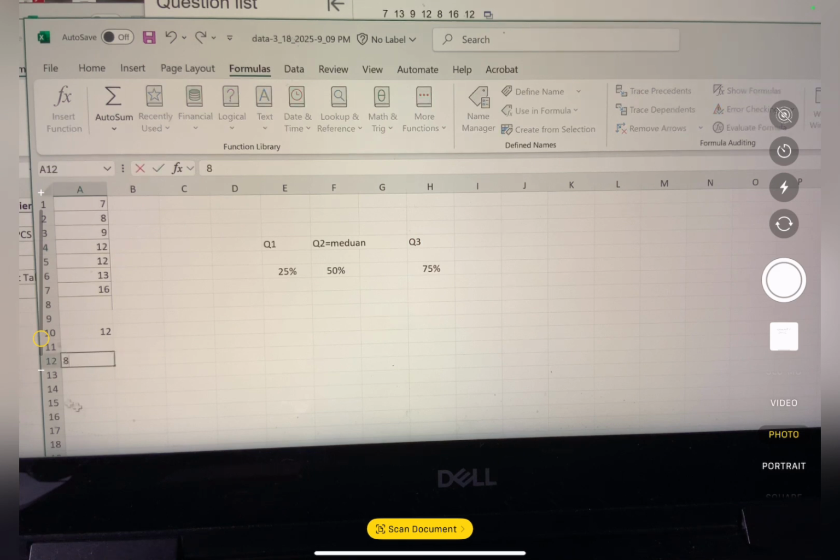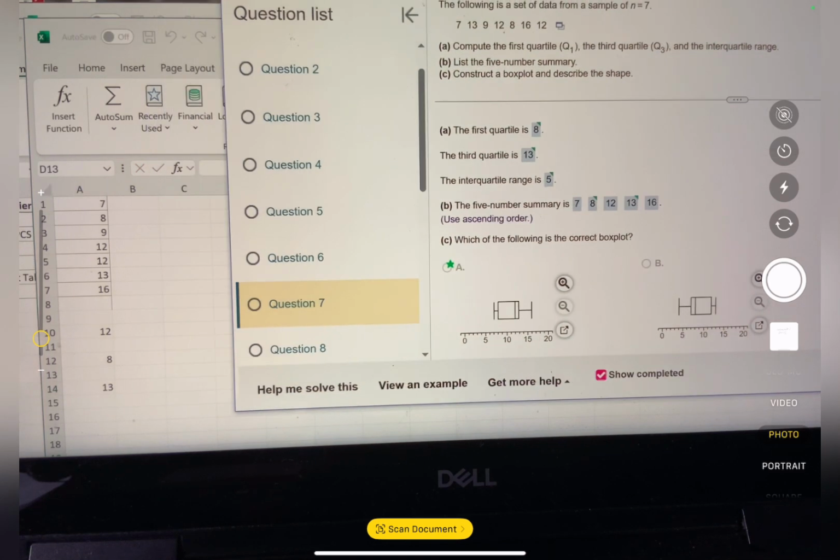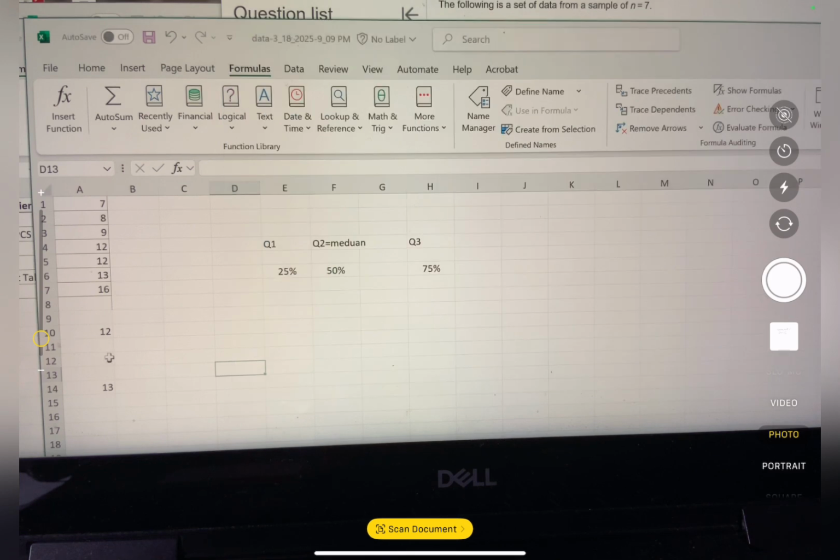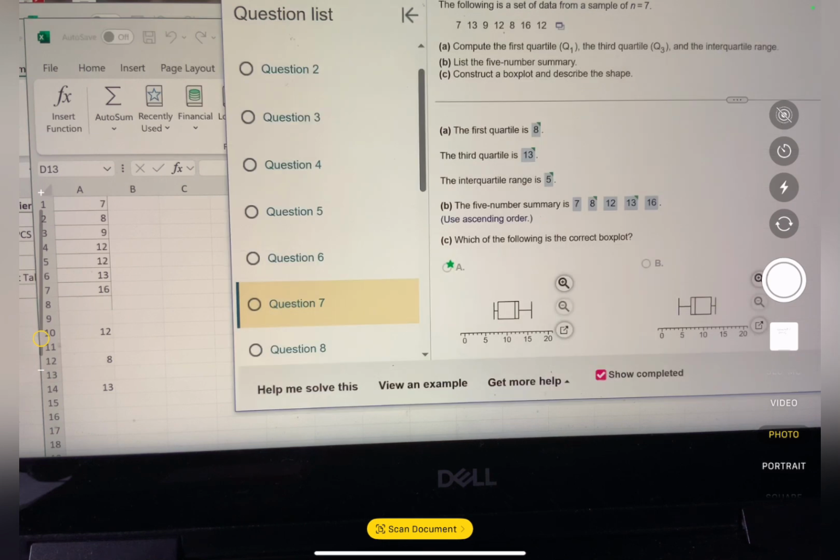And Q3 is the median of 12, 13, 16, which is 13. Let's go check. First quartile is 8, third quartile is 13. We got it.